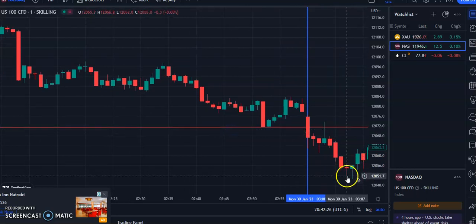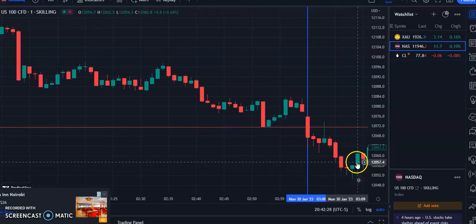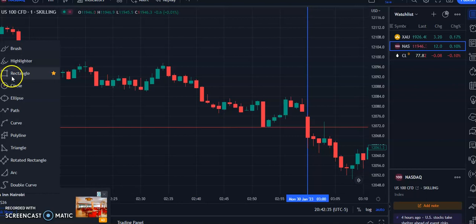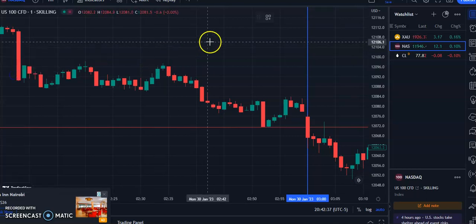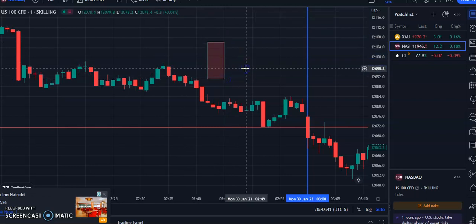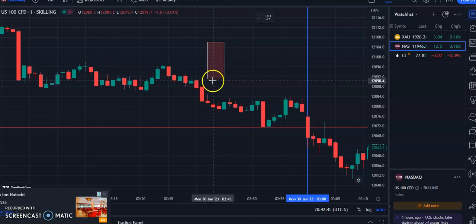Look at the way one push, two push, and then when this candle, there's something that I've noticed with candles that look like this. They have only one pin.